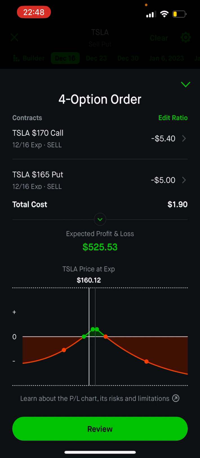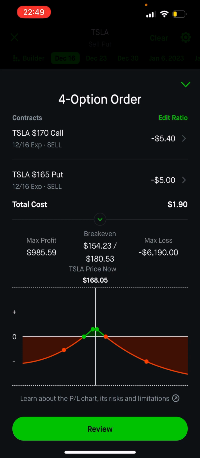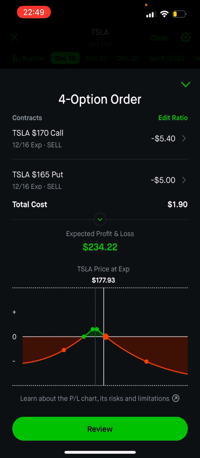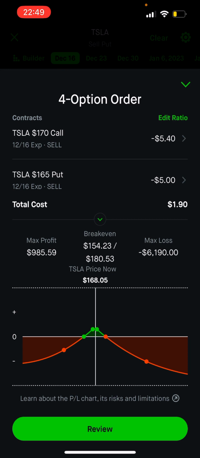So realistically, I'm going to get that between 159, which is a good level of support, and 175 on the upside. So again, not a trade I would take here, but there are times where I do think that this is a good setup where I'm taking both the call and the put side, okay?